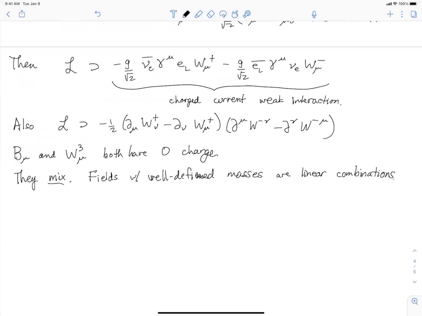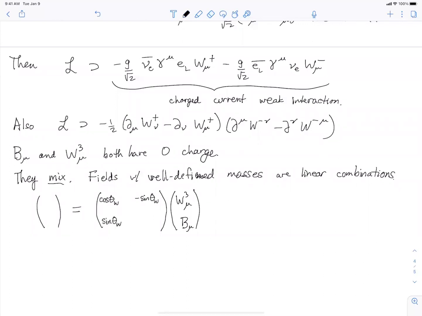So let's write down what that means. That means we have some matrix of fields, which is a linear combination, that's a matrix, times W3 mu, B mu. And we're going to call the entries in this matrix cosine theta W, minus sine theta W, sine theta W, cosine theta W. So that's an arbitrary orthogonal matrix that does a change of basis on these, which are called the gauge eigenstate basis.